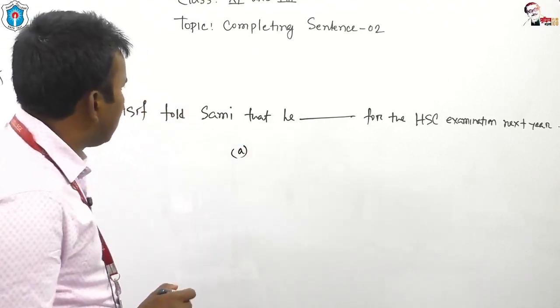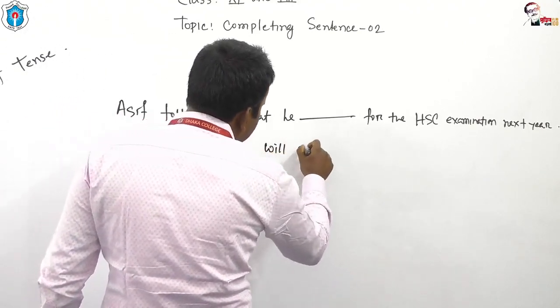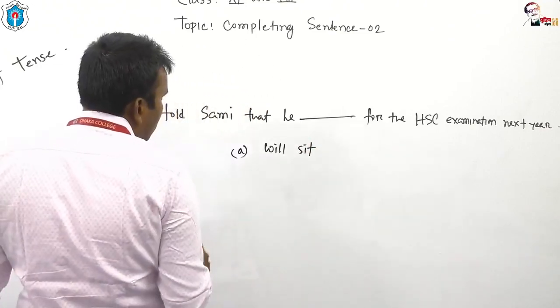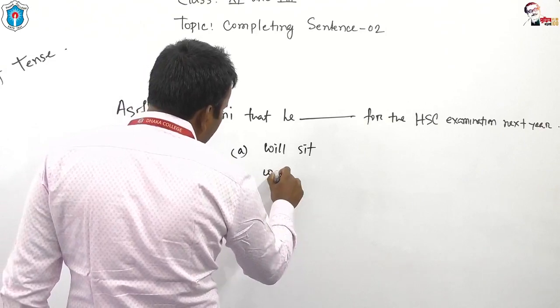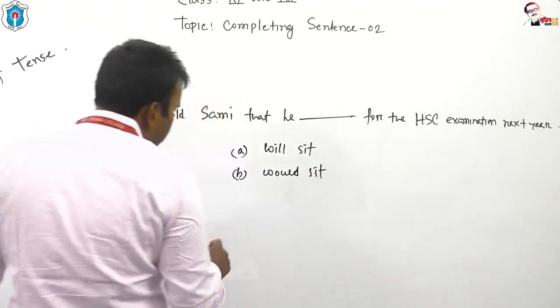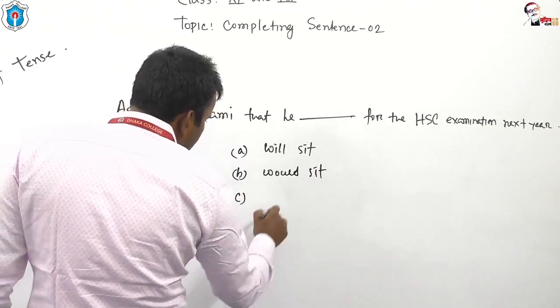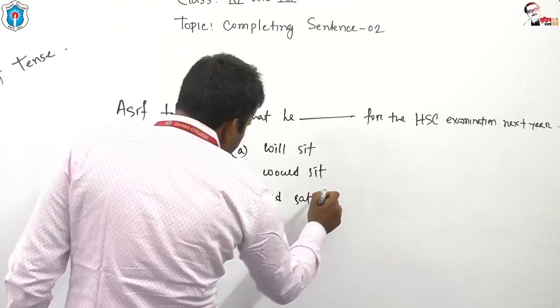Asif told Sammy that he: A. will sit. B. would sit. C. had sat.